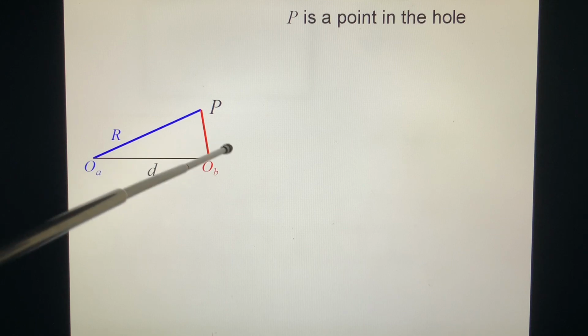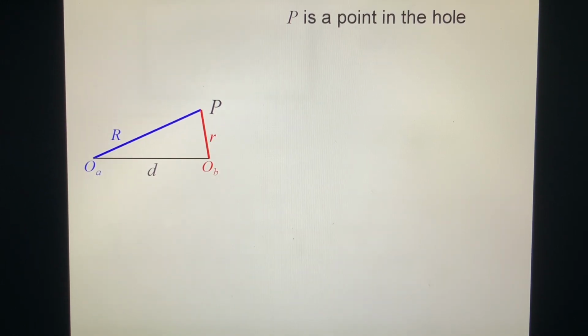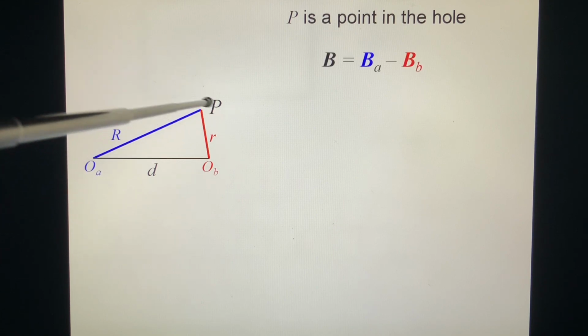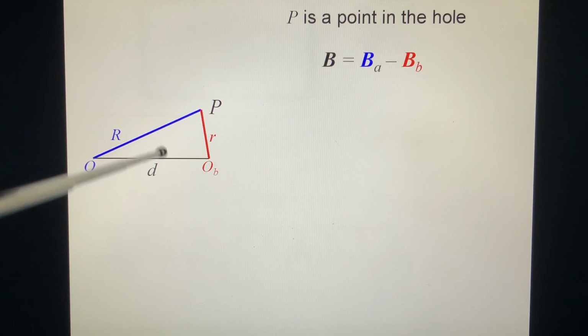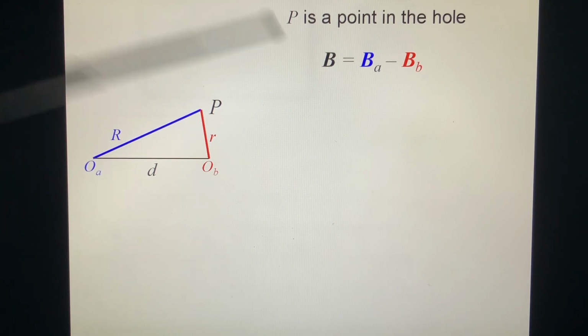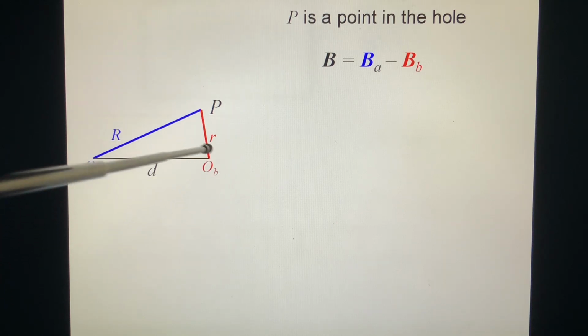This is small r. They all change with different P. We know the magnetic field at P is BA minus BB. BA is from the whole solid big cylinder, and BB is from the whole small solid cylinder.